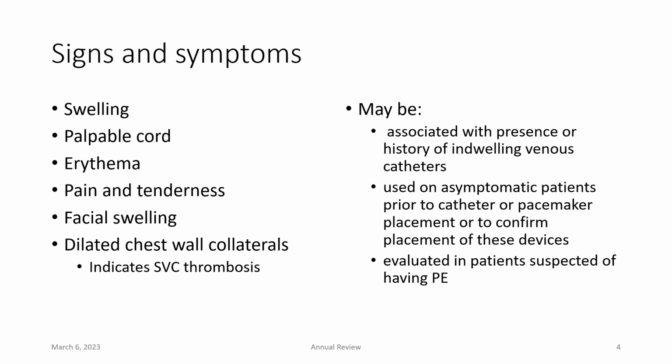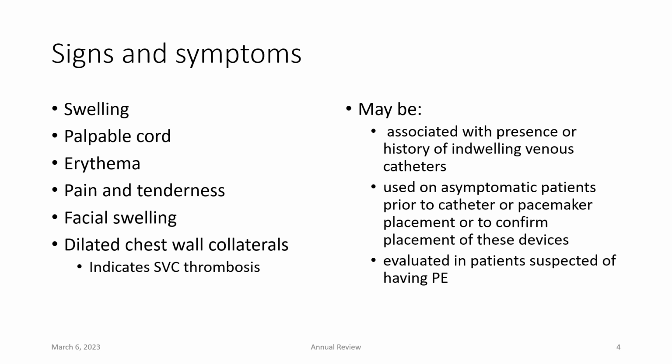So the signs and symptoms may be associated with the presence or history of indwelling venous catheters. So we know that PICC lines and different catheters such as that are going to be really common in the subclavian or in the axillary region.